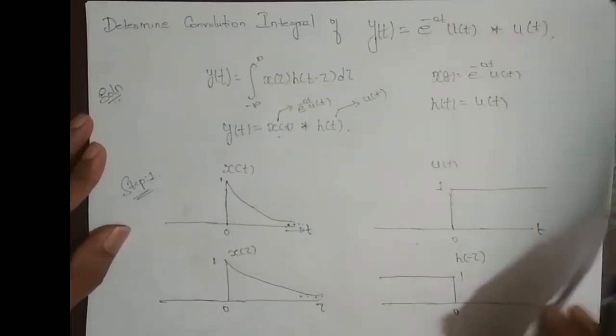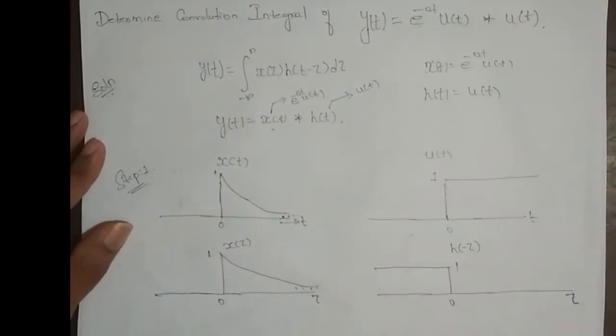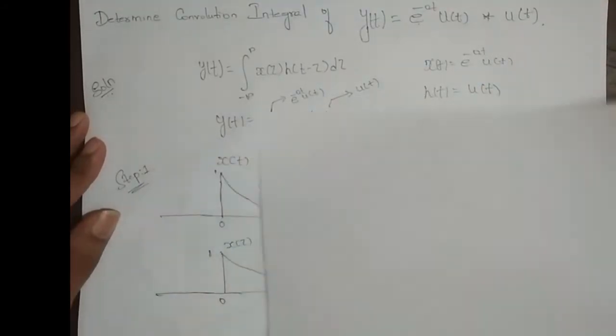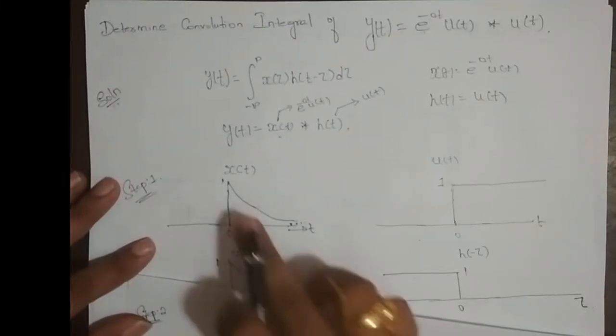Okay, so what is the next step? The next step is to bring h of minus tau and x of tau onto the same independent variable tau. So step 2: I'll bring both together.